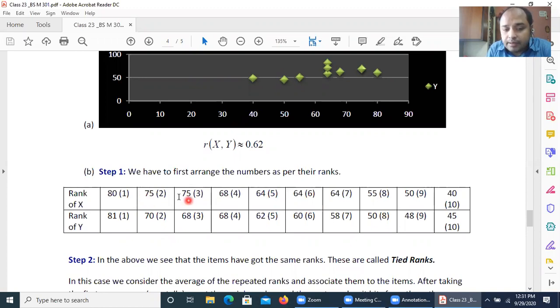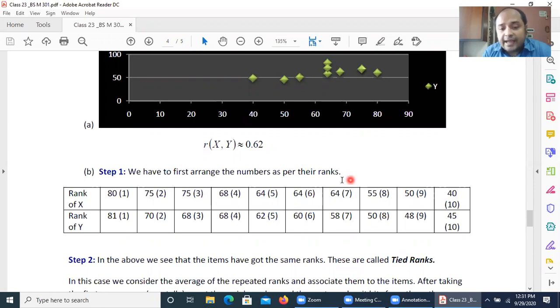There are two persons who have got 75, and their ranks are different. Although both of them have got 75, their ranks are different. That should not be, because there may be two first boys, there may be two second boys, but here although their marks are the same, they are getting two different ranks, and this is not the ideal scenario.